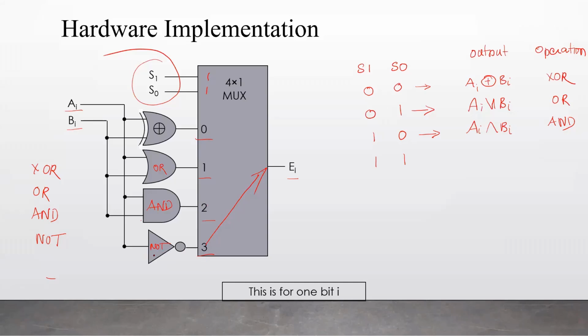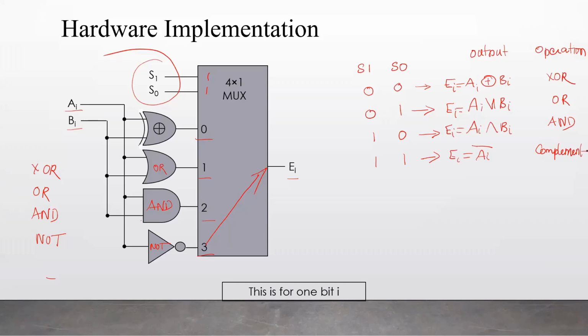Here NOT is the negation of AI, since AI is connected to NOT. So we get AI complement. This is our output, the result EI. EI is equal to the complement of AI. The operation performed here is complement.